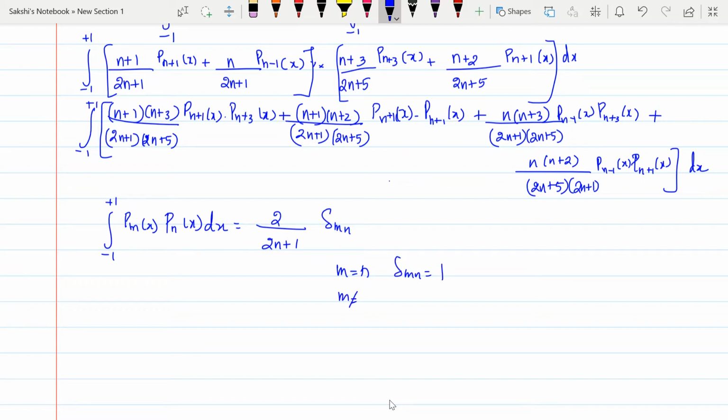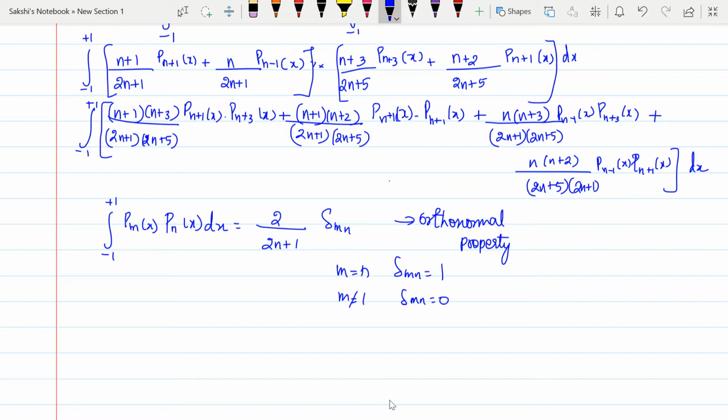When m is not equal to n, delta mn will be equal to 0. So now using this particular property, this is the orthonormal property, one can solve this particular huge equation very easily.